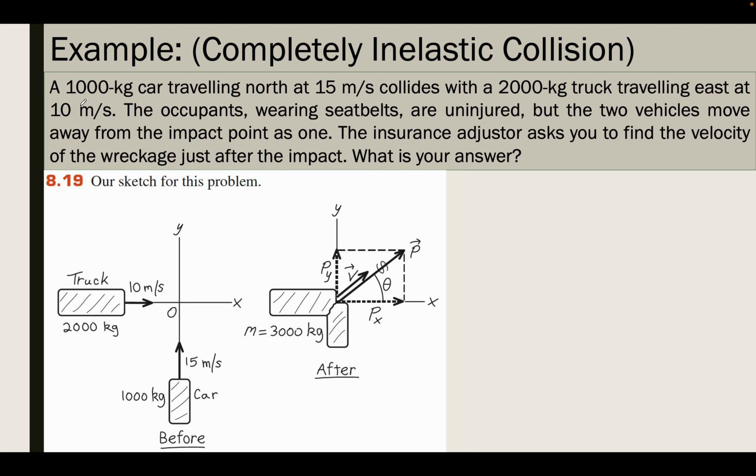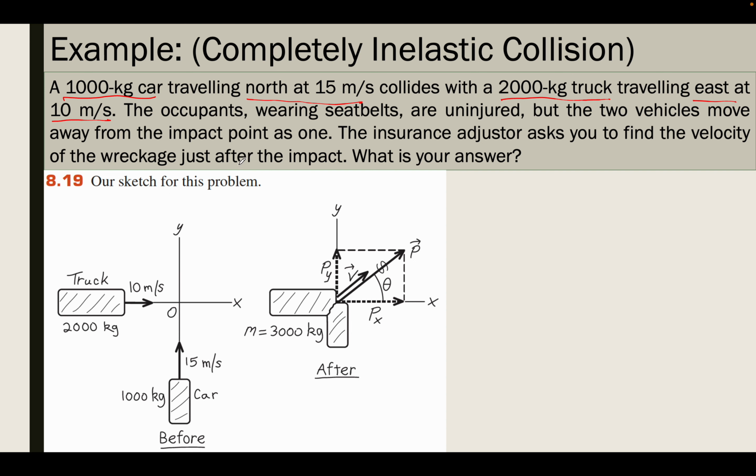Okay, so a 1,000 kilogram car traveling north at 15 meters per second, so we have the car here along the y-axis, collides with a 2,000 kilogram truck traveling east at 10 meters per second. So we also have in our sketch here the truck, which is moving along the x-axis.